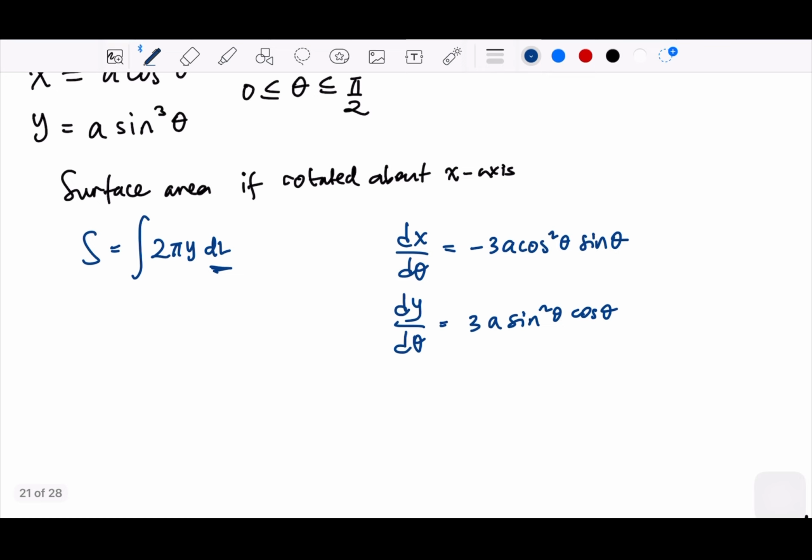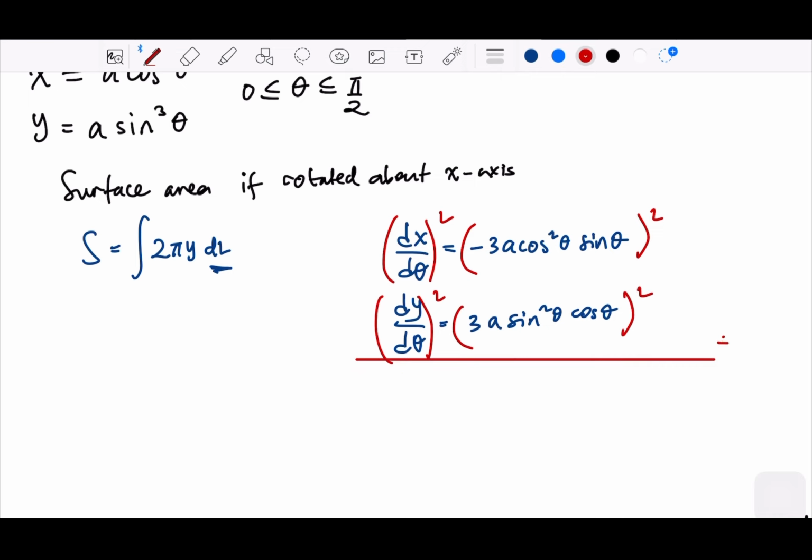Okay, and then we take the squares and add the two.